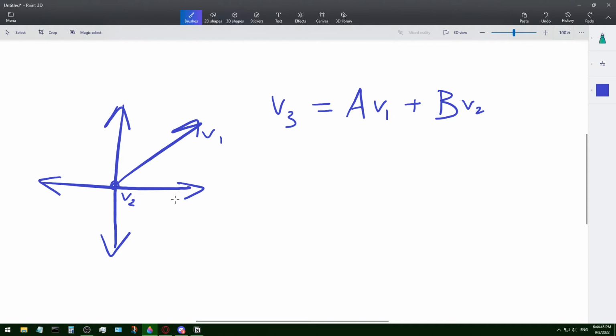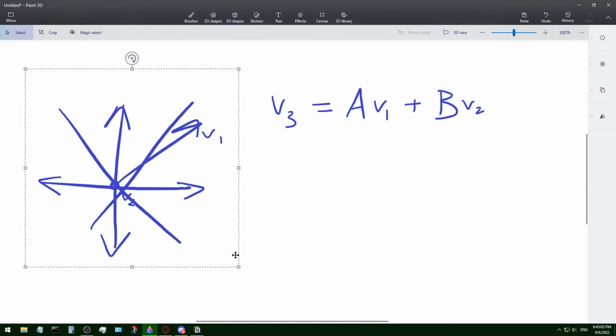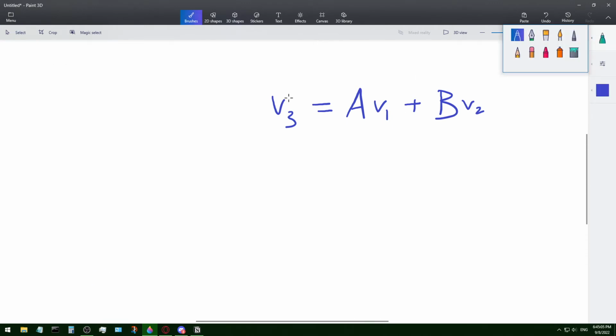It doesn't go anywhere except stay at the origin. Even if you add it to any multiple of V1, you're still stuck wherever the multiple of V1 put you. So in this case, the answer is no. We cannot reach every single point on the plane, and therefore those two are linearly dependent.